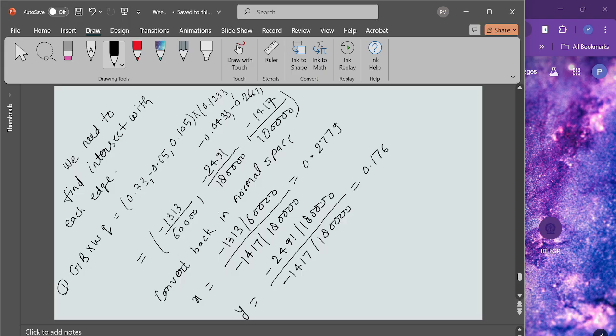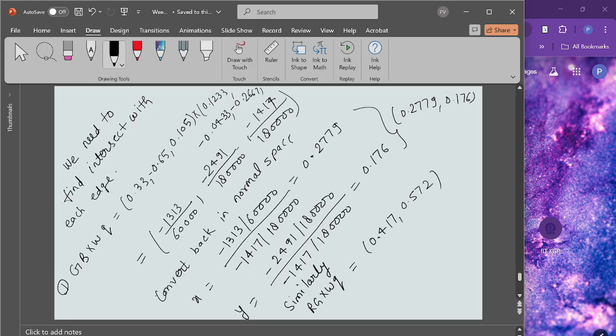So the intersection point for these two is 0.2779, 0.176. Similarly, for RG and WQ you will get 0.417 and 0.572, and for BR and WQ we will get 0.807 and 1.682.